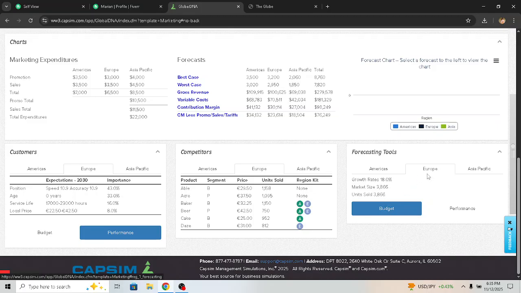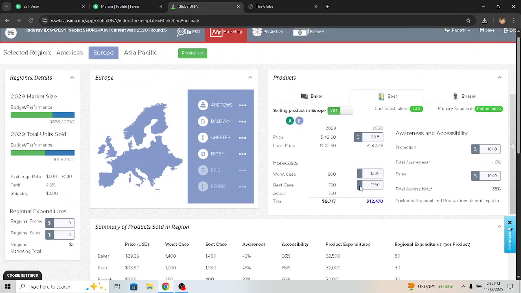So for example, in this case, to calculate next year's demand, we take 18%, we multiply by the market size, which is 3,866. The amount we get, we add it to the current market size, and we use it to forecast the next forecast for the product. So in this case, best case, we have 1,350.